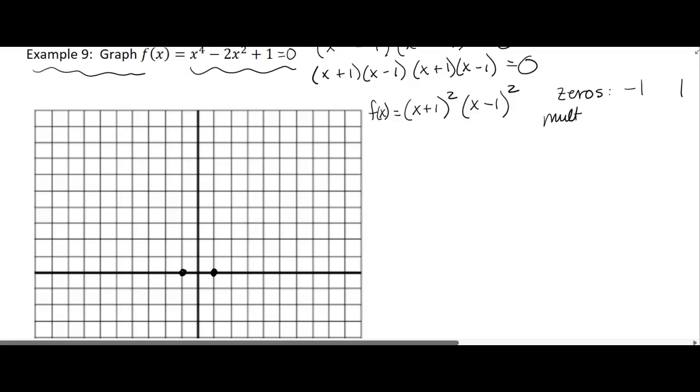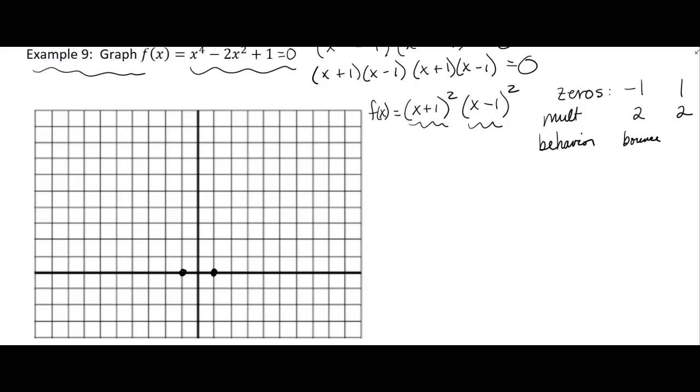The multiplicity of negative 1 comes from this factor, and it has a multiplicity of 2. And the 1 comes from that factor. It also has a multiplicity of 2. So the behavior is it's going to bounce. Or touch. You can put touch. Okay, at both of those.